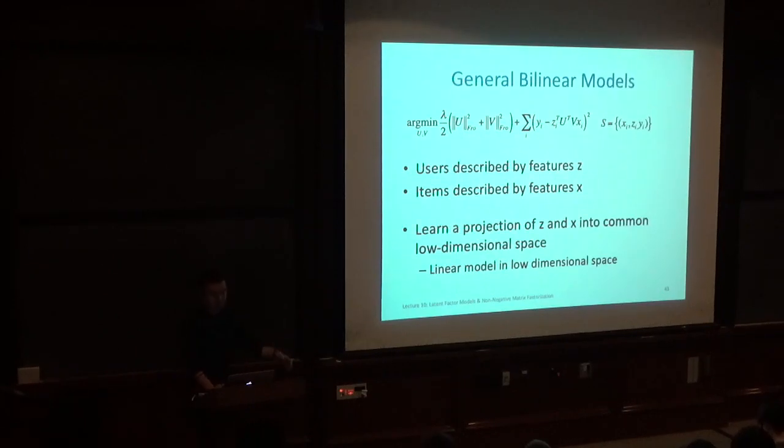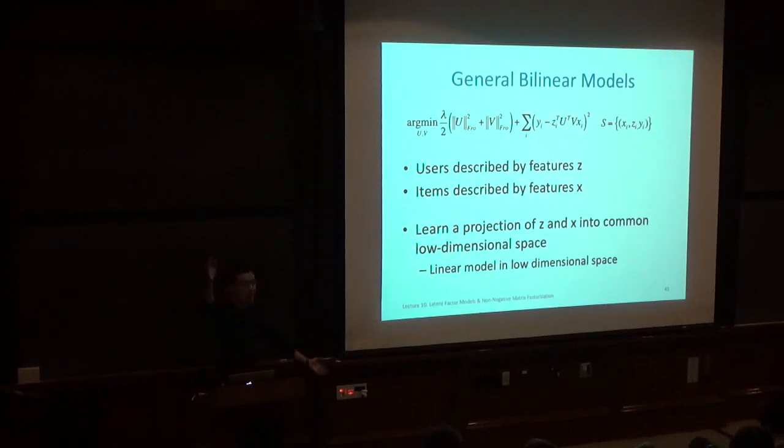And of course, we could do general bilinear models. So we could actually have features of users, I'll call those Z, as well as features of items. And I'm going to learn these U and V matrices that are in some sense global. So if I have a bunch of attributes about an individual user that's fairly high dimensional, it could be age, gender, education level, zip code.